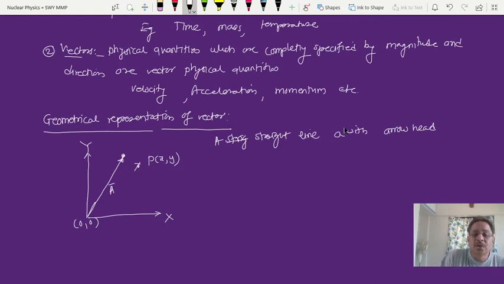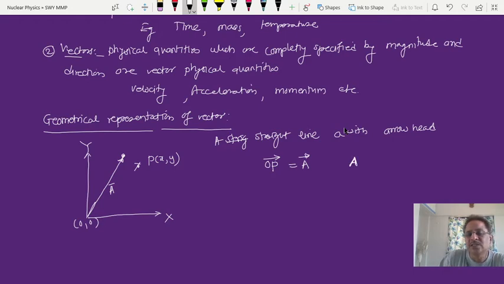This is represented by OP bar, that is, A bar is equal to OP bar. Now remember, some books give this vector sign, an arrow over the letter or symbol, and some books use a capital bold letter.